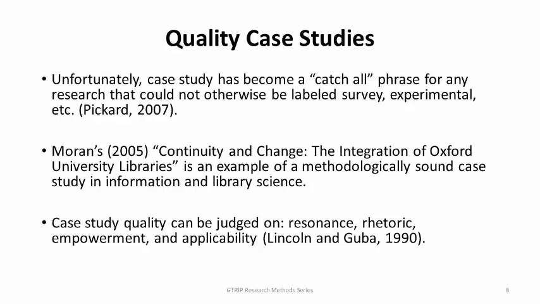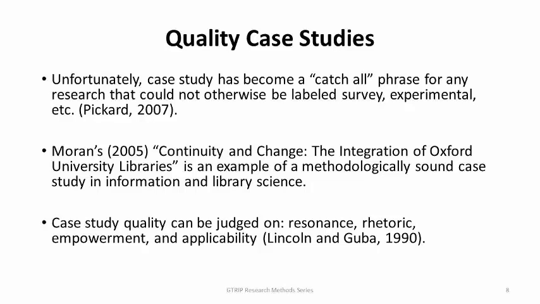The indiscriminate invoking of the case study under these circumstances has led to it becoming a catch-all for any research that cannot otherwise be labeled survey, experimental, etc. By this we mean there are many pieces of research published that are called case studies that have not followed the methods that we have outlined in this discussion.